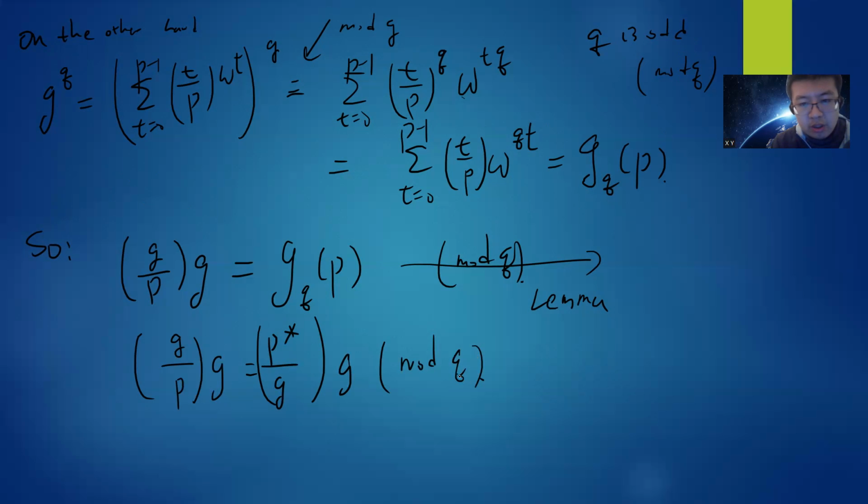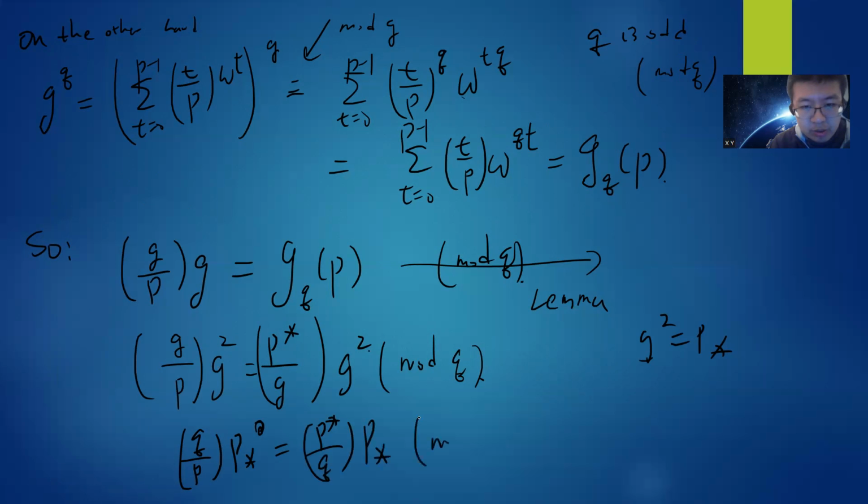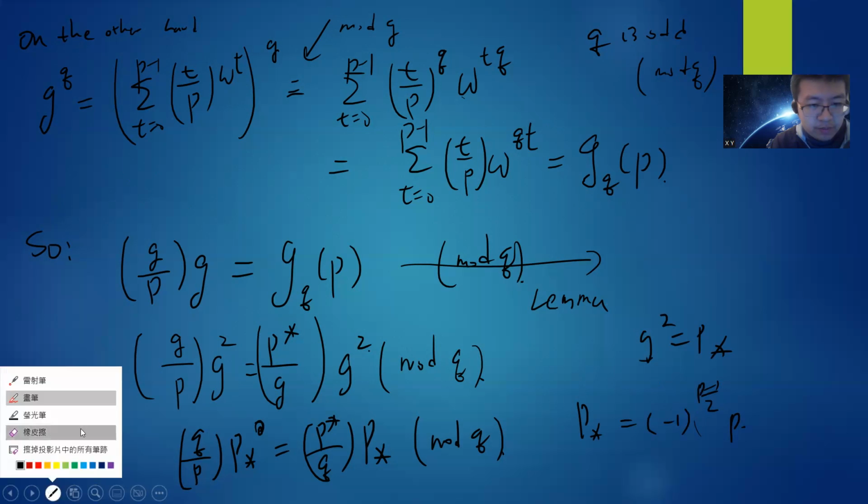Let's multiply by G, so we can do G squared, always mod Q. G squared is P star, so we get (Q over P) P star equals P star to the Q times P star, mod Q. But P star is a number, it is just minus one to the P minus one divided by two, and this guy corresponds to Q, so I can neglect it.